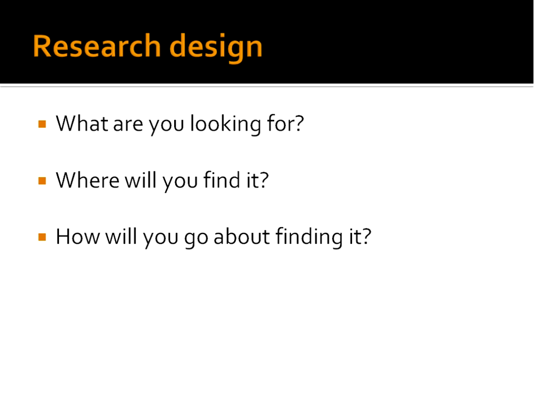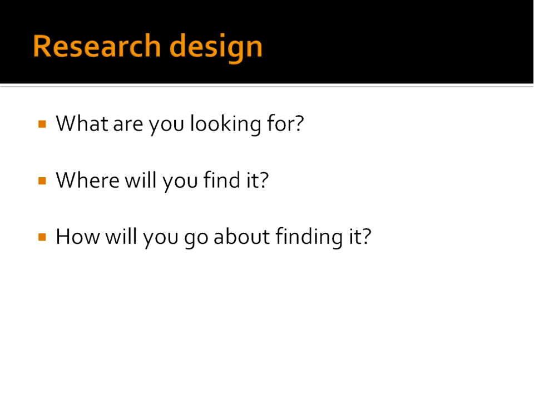Thirdly, how will you go about finding it? How is it that you will discover this information? All right, so this information is going to be found in commentaries. It's going to be found in journal articles. It might be found in encyclopedias.